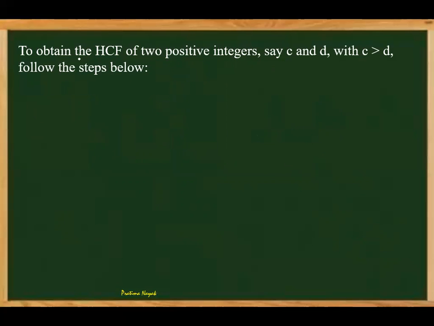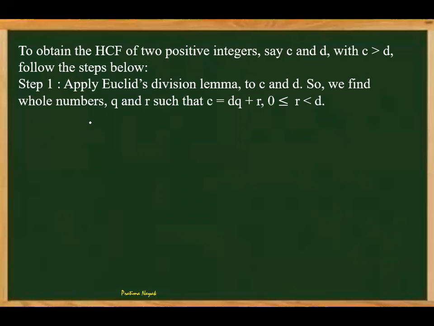Now to obtain the HCF of two positive numbers, say c and d, where c is greater than d, follow the steps below. First step is apply Euclid's division lemma to c and d.